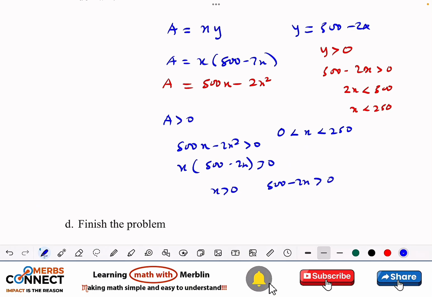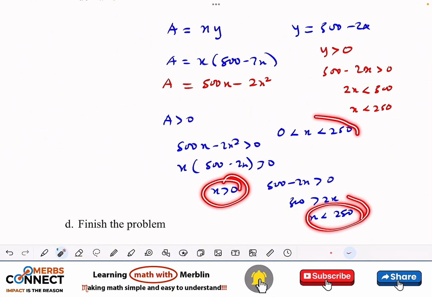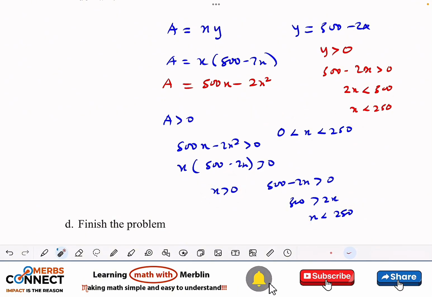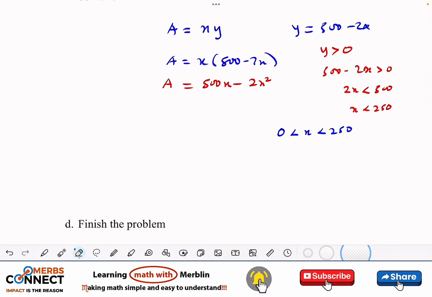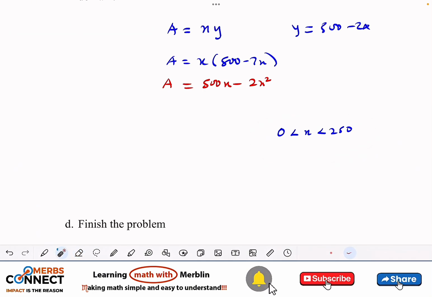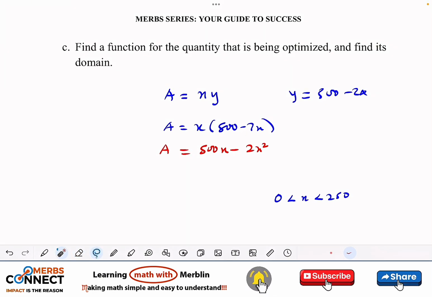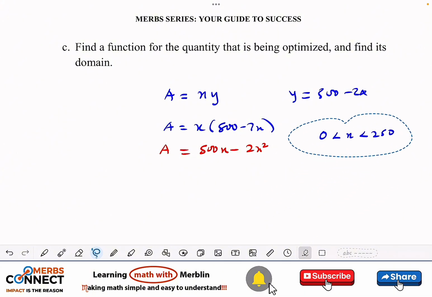So from here, 500 is greater than 2x, and x should be less than 250. When I combine this and this, that's when I get this domain here. So this will be the domain that we should be working towards.